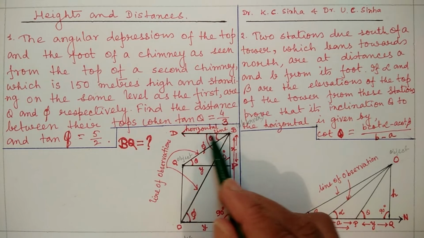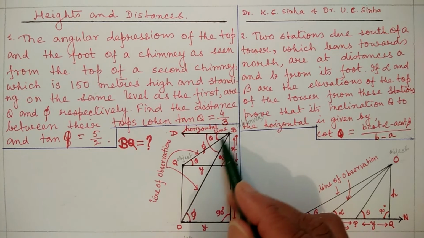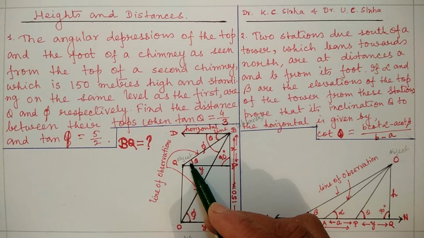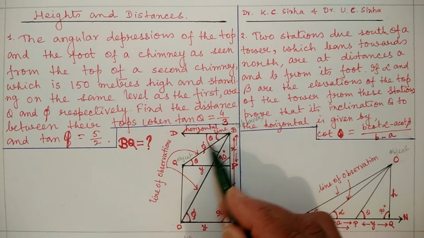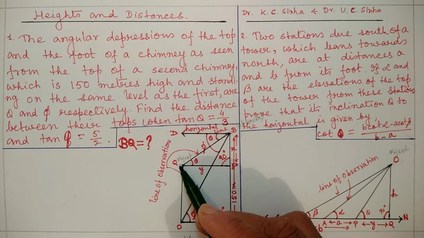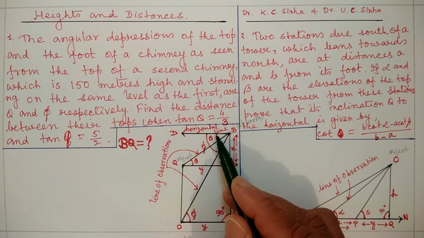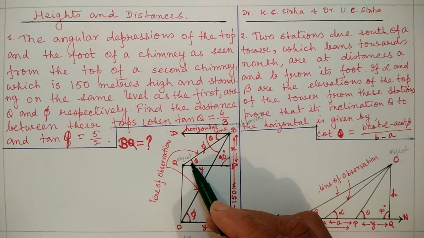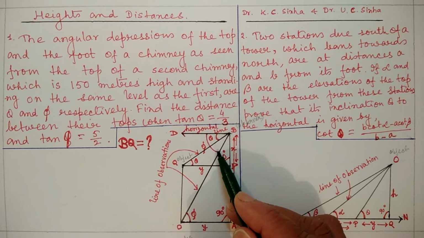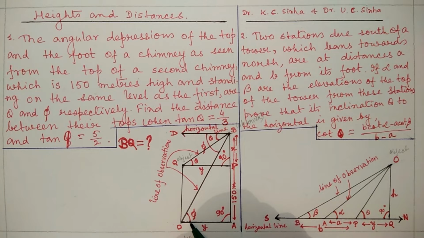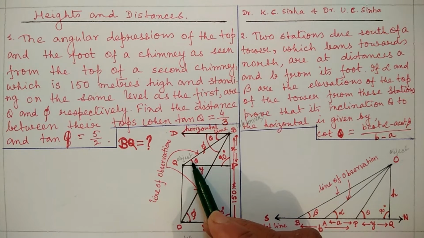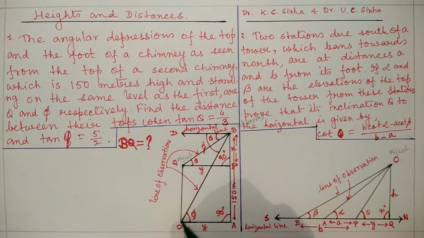So in the first case, this angle is the angle of depression, and if we think Q as the observer and B as the object, this is the angle of elevation. So the angle of depression and angle of elevation will be equal. In this case also they will be equal. So we are getting angle BQP as theta and angle BOA as phi.